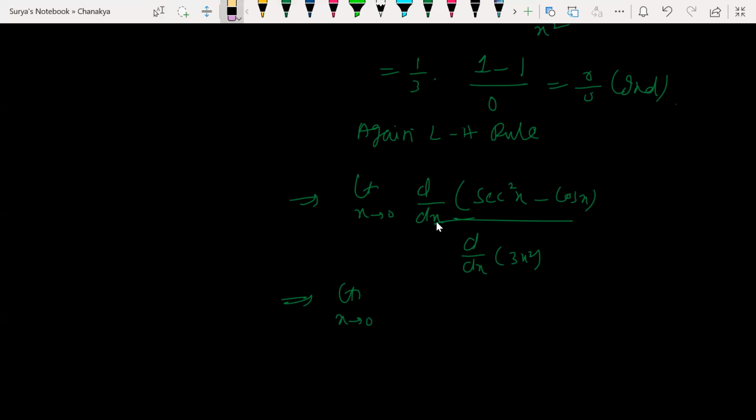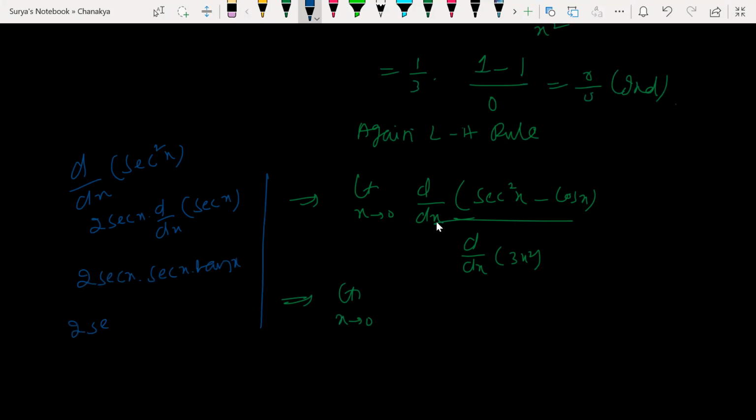If you don't understand here, always remember and note it down: d by dx of secant square is 2 secant x into d by dx of secant x, the inner function. That is 2 secant x into secant x into tan x, so 2 secant square x into tan x. This is the final answer for d by dx of that.